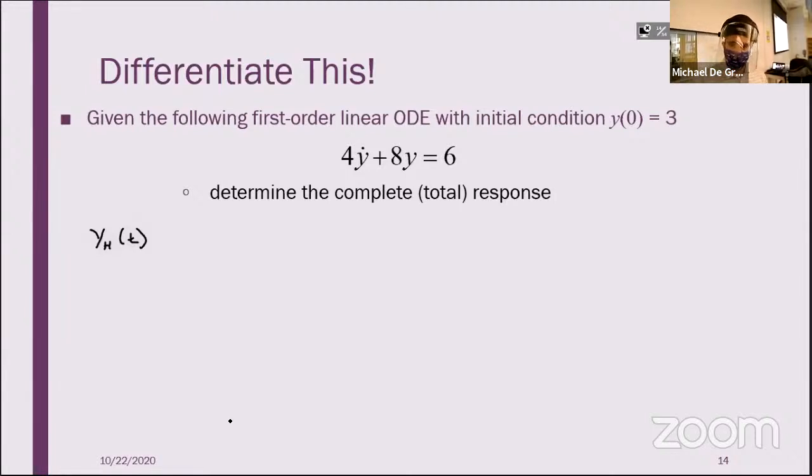For my homogeneous solution, we get this, right? 4y dot plus 8y is equal to 0.